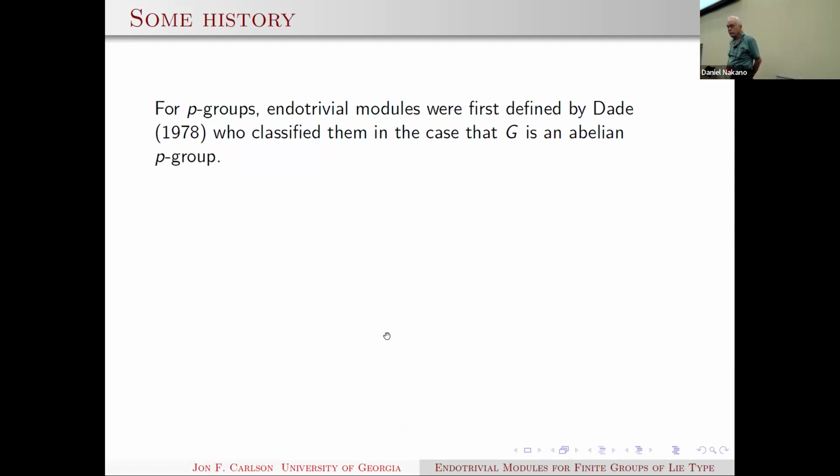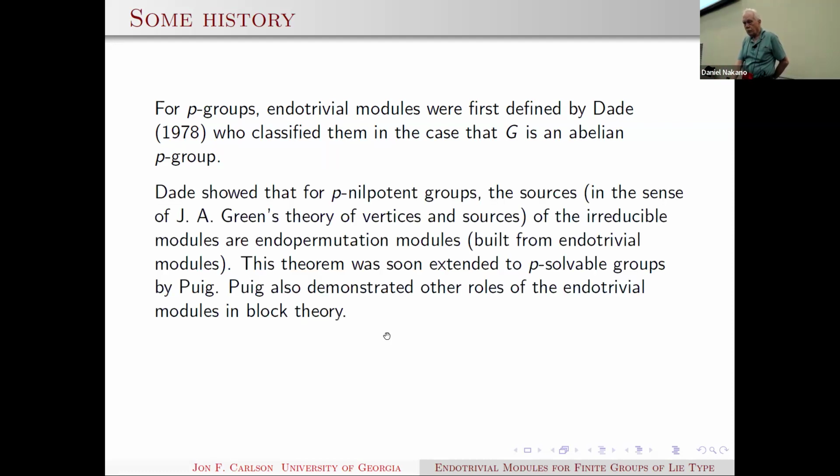The classification said in that case that the trivial module and its syzygies are basically everything. They're all the endotrivial modules. So the group was just, well, if the p-rank of the group is 2 or greater, the group is just a copy of the integers. Dade had a reason for doing this.